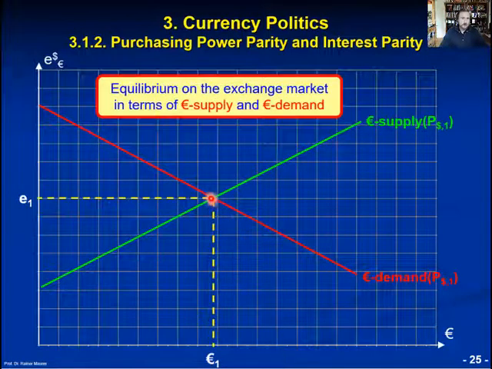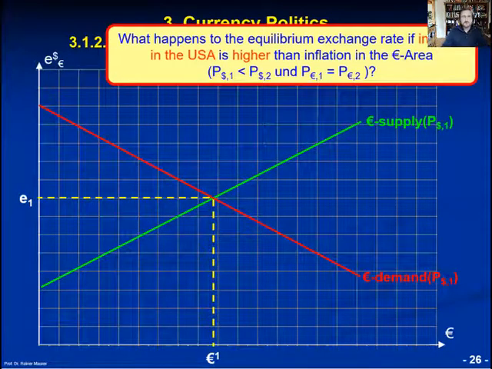The intersection point of both curves provides, as usual, the equilibrium exchange rate. What happens now to the equilibrium exchange rate if inflation in the USA is, let's say, higher than inflation in the euro area?